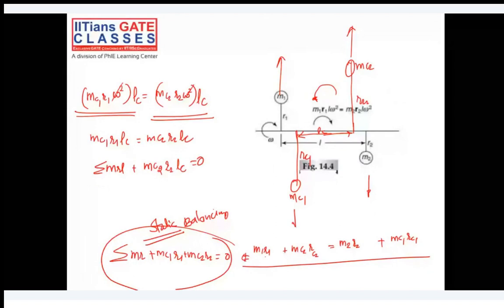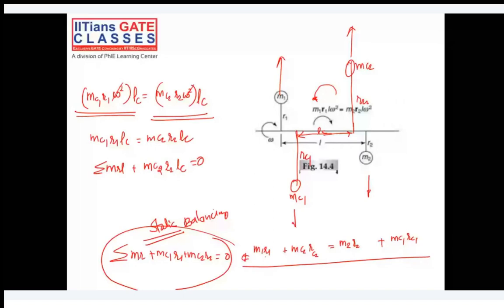Same approach, just in static balancing we are just balancing the centrifugal forces. In dynamic balancing we are balancing out the couple as well. So this is all about the rotating masses.